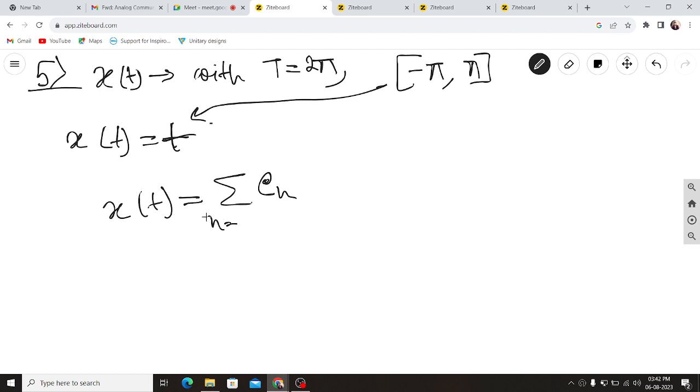So xt also will have a Fourier series representation, Cn, with exponential e to the power jnt. Once again this question is related to the Fourier series. This is another representation of the Fourier series, we know.